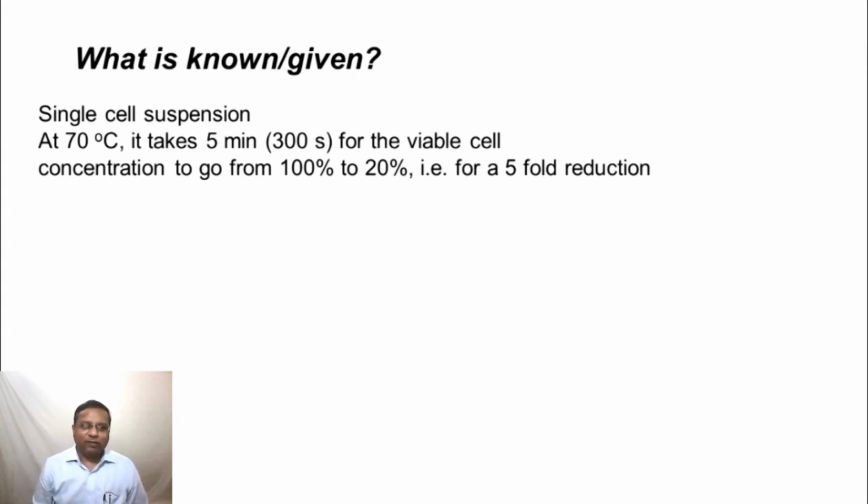And also we know that at 70 degrees C, it takes 5 minutes or 300 seconds for the viable cell concentration to go from 100% to 20%. Or in other words, a 5-fold reduction takes the 300 seconds. Please see that I have converted this 5 minutes into 300 seconds.